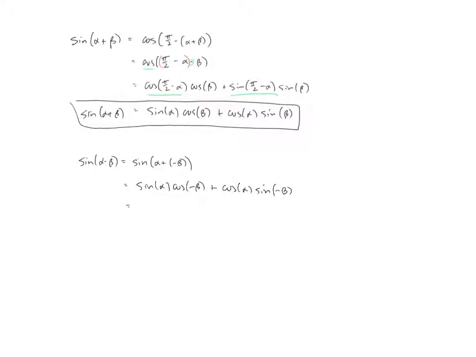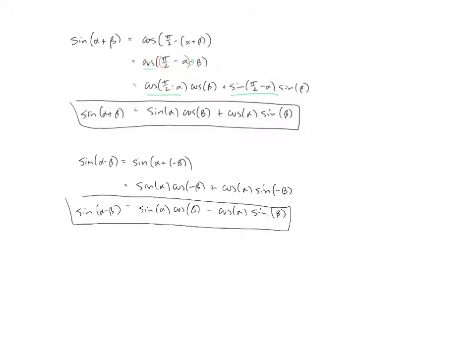With the even and odd identities, cosine is even, so the negative gets ignored. Sine is odd, so the negative will have to come back out. So sine of a difference, alpha minus beta, is going to be sine alpha cosine beta minus cosine alpha sine beta.